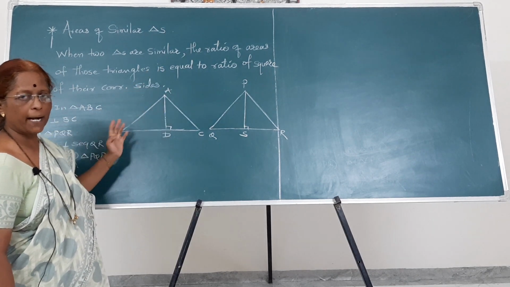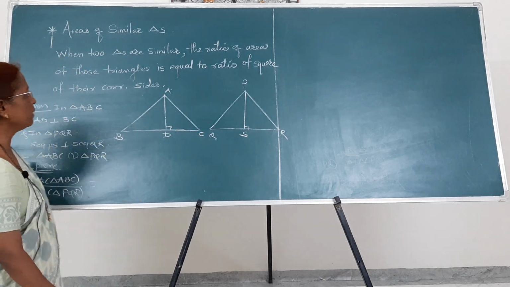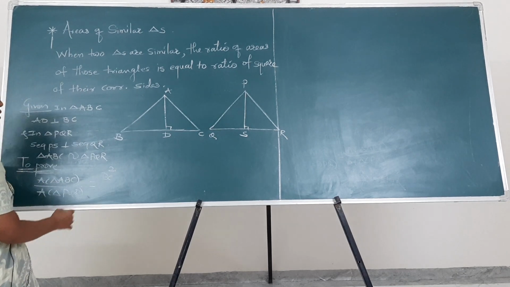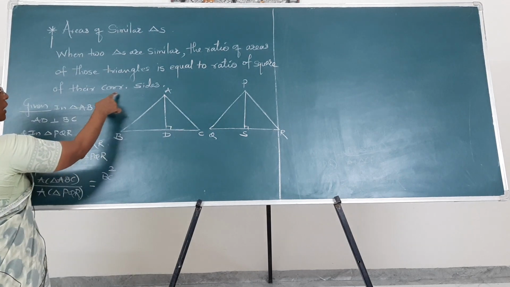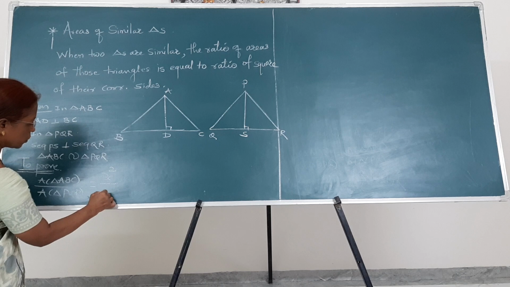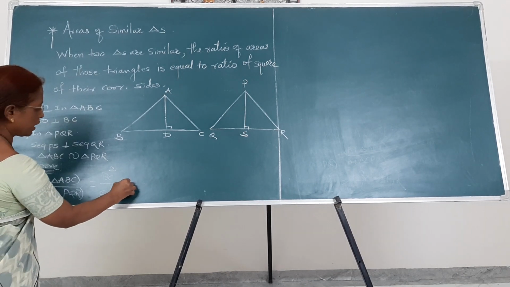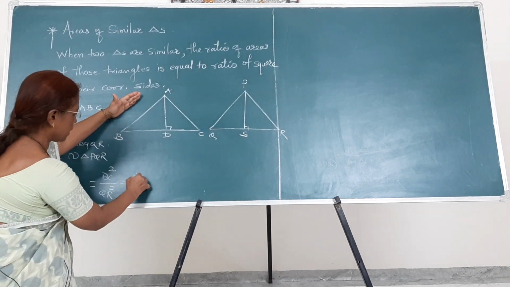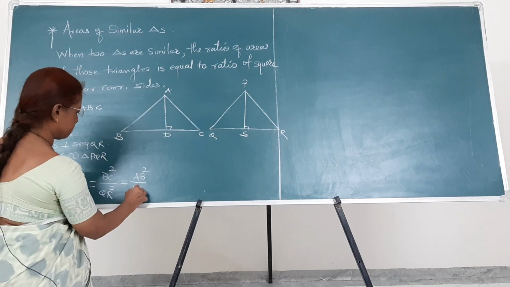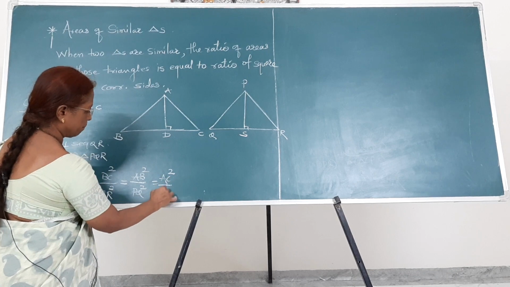Means AD is perpendicular on BC, that time BC is our required base, the corresponding side. So we'll write here BC square upon QR square. So this is the first possible case. Like that you can prove AB square upon PQ square, and AC square upon PR square.